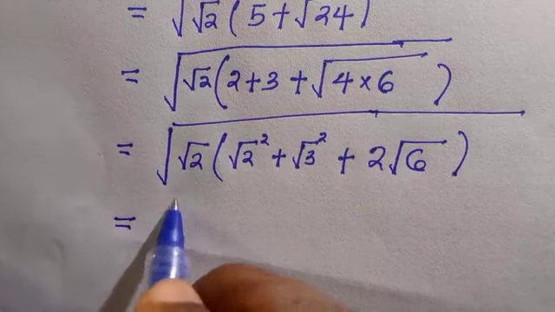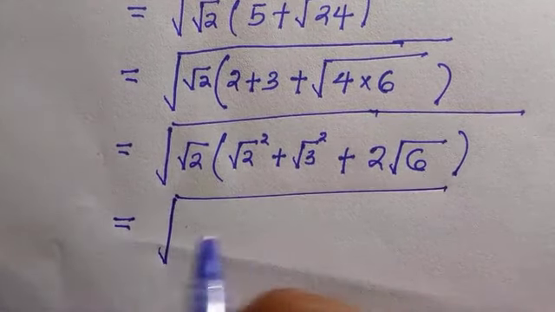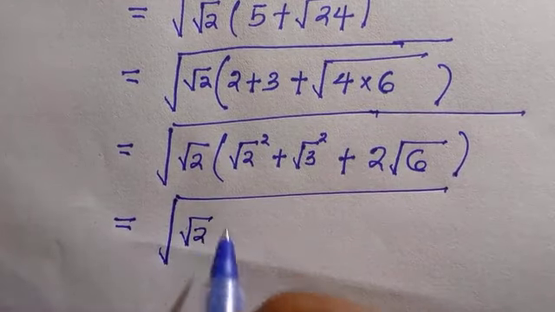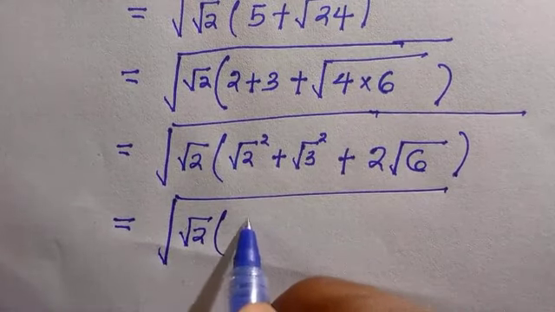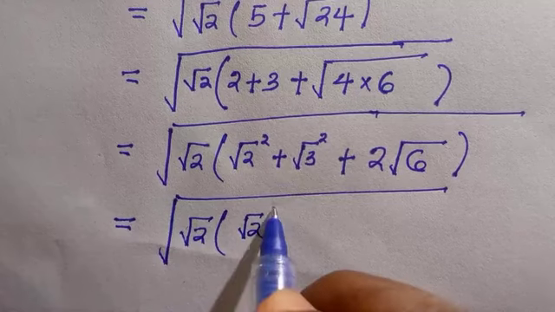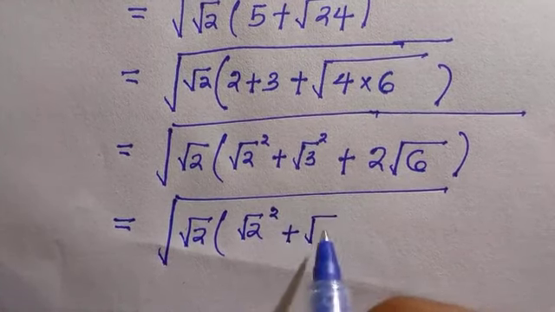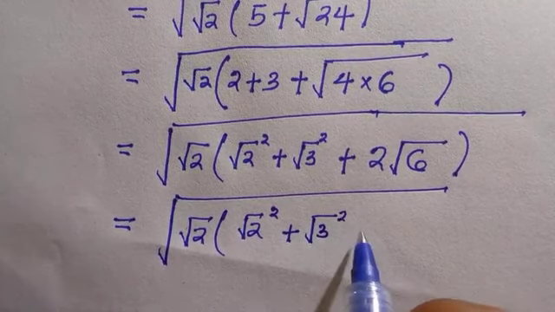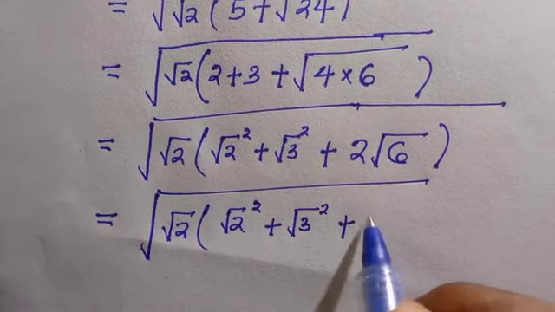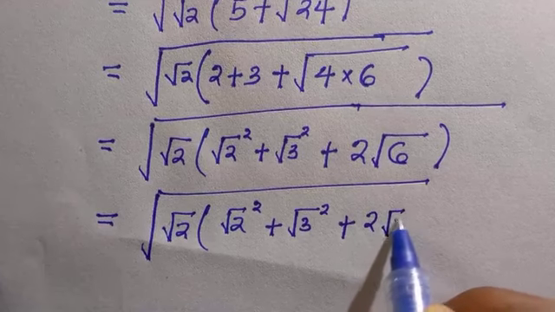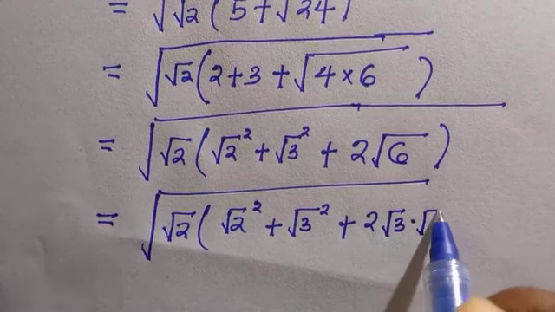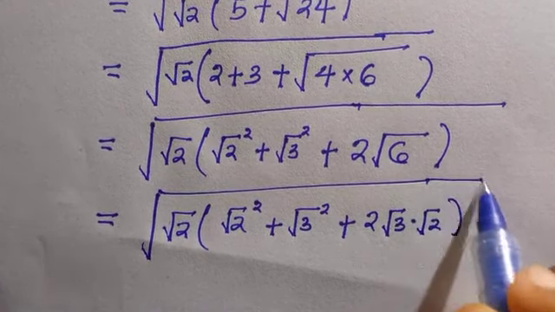And again, we have this equals the general root of root 2 bracket. This is root 2 raised to power 2 plus root 3 raised to power 2, then plus, let's break this into product of root 3 and 2.